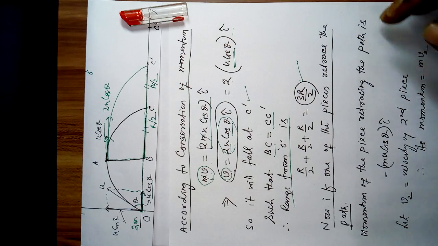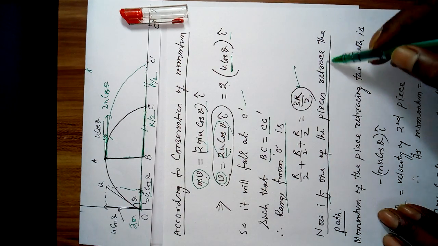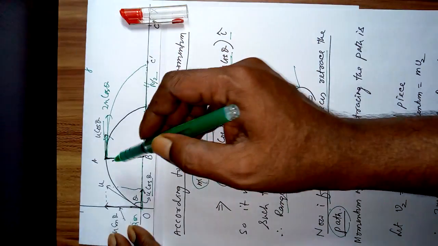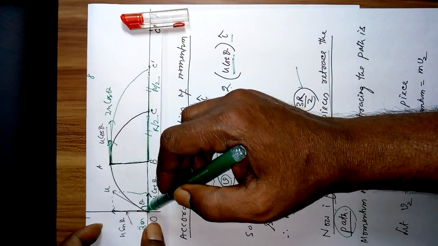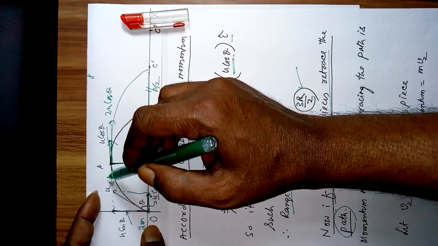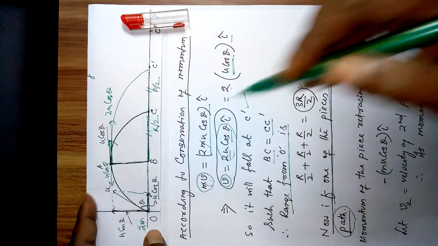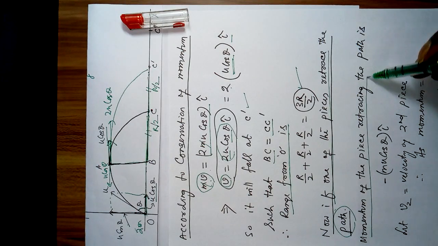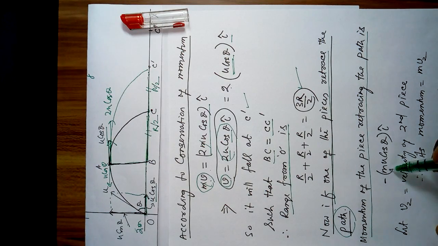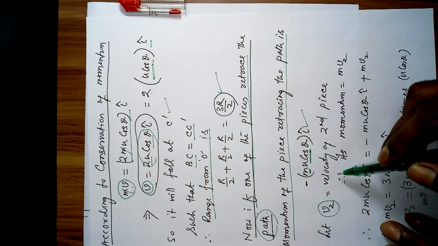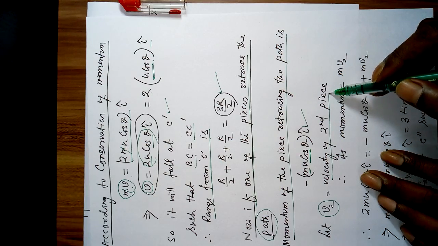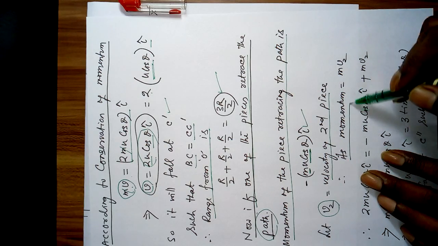Now the second part. Now if one of the pieces M retraces the path like this, then it has to have the same velocity u cos theta to this side. So the momentum of the piece retracing the path will be its mass into velocity, but to this side, that is minus i cap. Let v2, which we don't know, be the velocity of the second piece after breaking. So its momentum will be mv2.